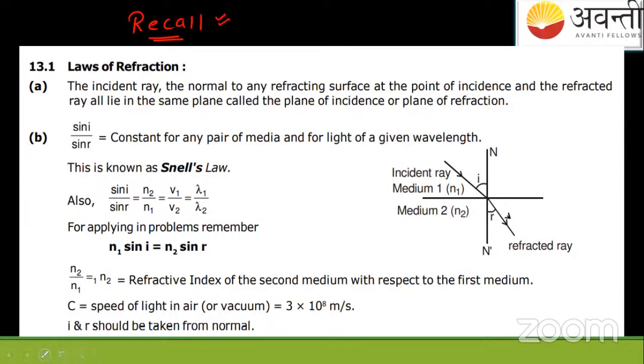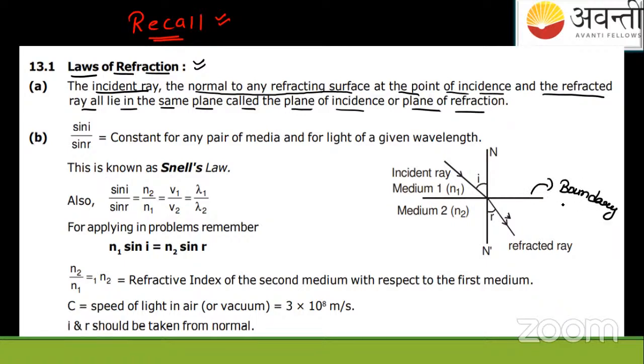Laws of refraction are these. The first law says: the incident ray, the normal to the refracting surface at the point of incidence, and the refracted ray all lie in the same plane, called the plane of incidence or the plane of refraction. Suppose this is a boundary separating two media.